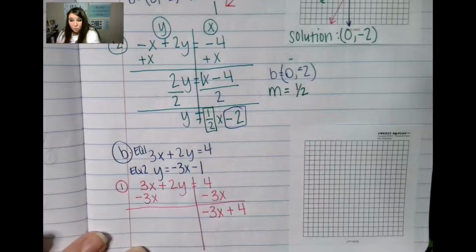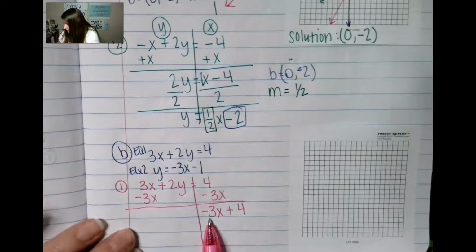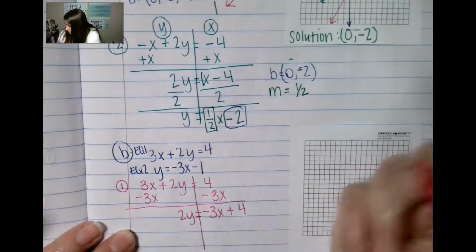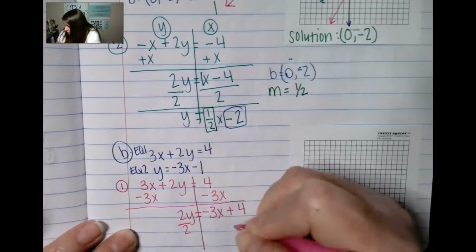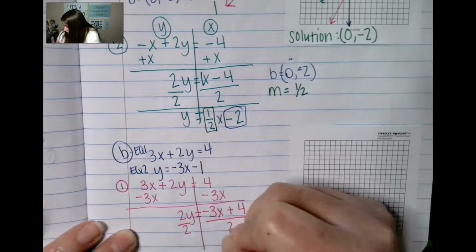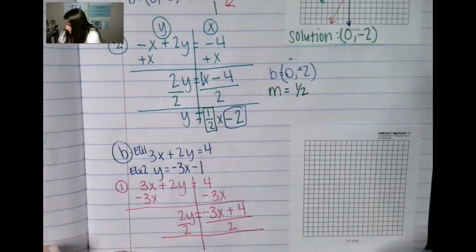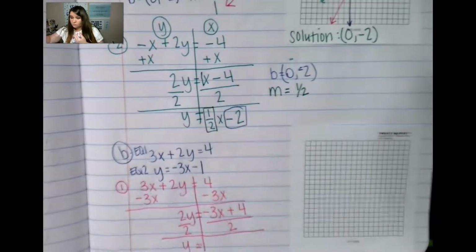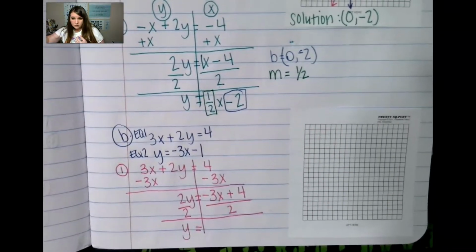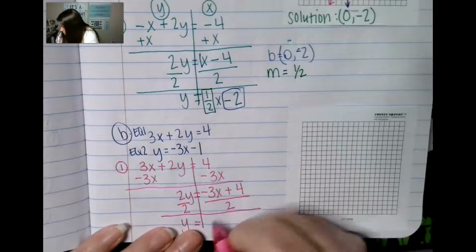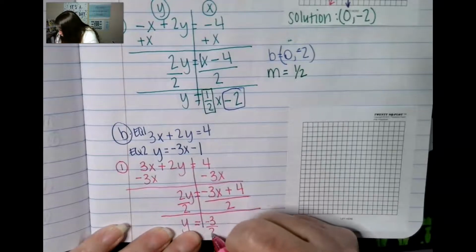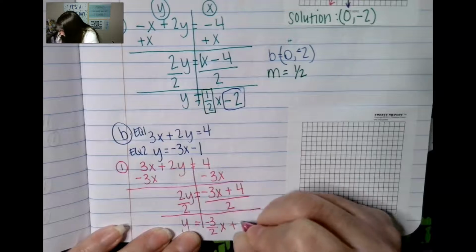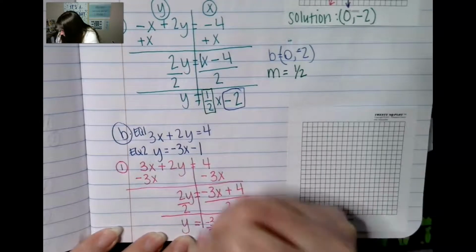Remember, I want y equals mx plus b. I have 2y, so I'm going to divide by 2 and divide by 2. So y equals negative 3 over 2x plus 4 divided by 2 is 2.